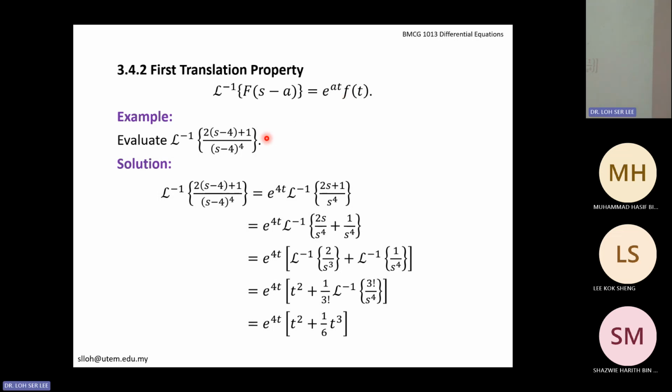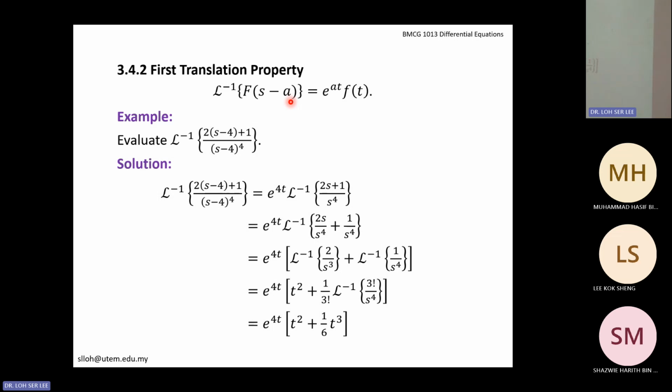So if you look at the formula F(s minus a), meaning that from your function F(s), your s must be in the form of s minus a.